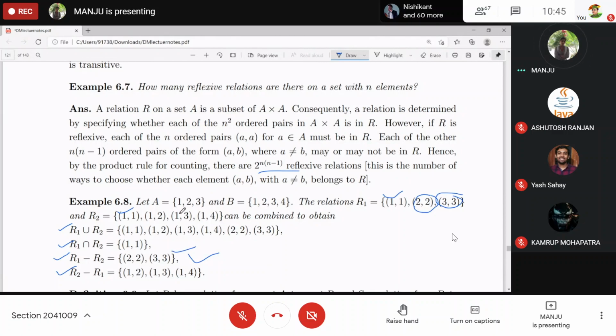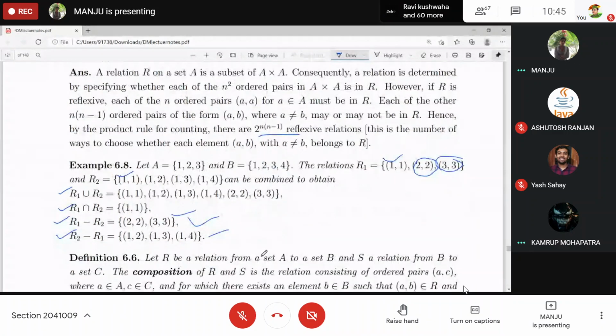Okay? Now R2 minus R1. (1,1) is there, and (1,2), (1,3), (1,4), these three are not present there, right? Clear?